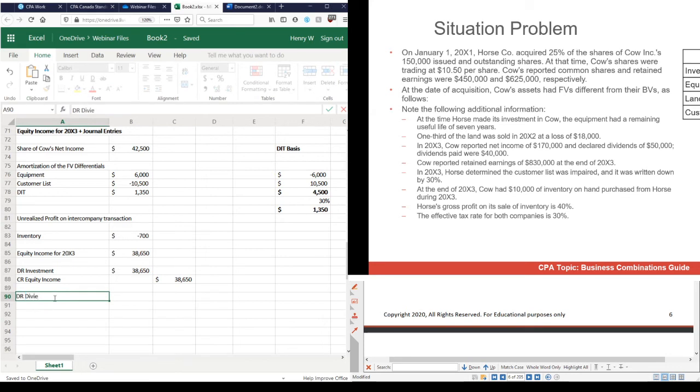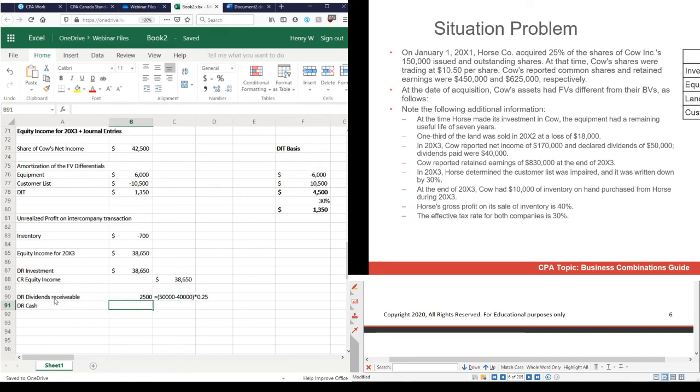Dividends receivable equals 50,000 minus 40,000 times 0.25, 2,500. Debit cash. Let me just write that formula out just so you can see it.